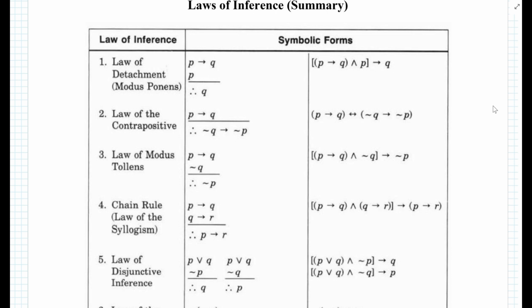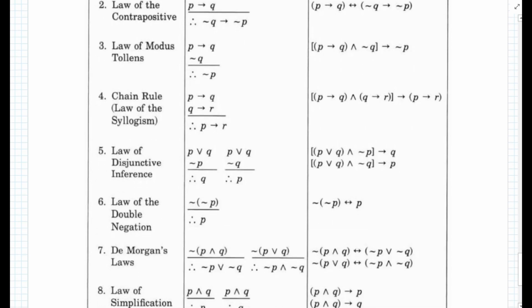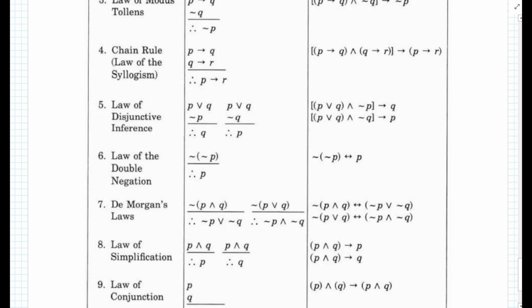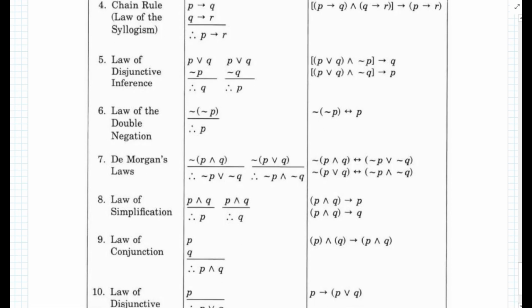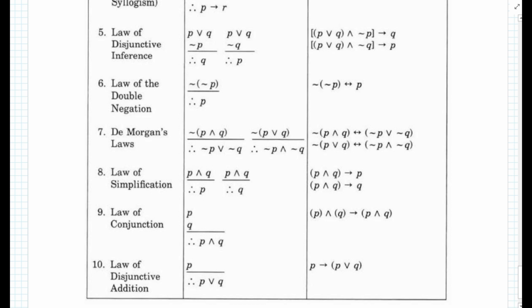Then we have a chain rule here, or we can call it the law of syllogism. Then we have a law of disjunctive inference. Then for number 6, we have the law of double negation, De Morgan's law, the law of simplification, law of conjunction, and the law of disjunctive addition.